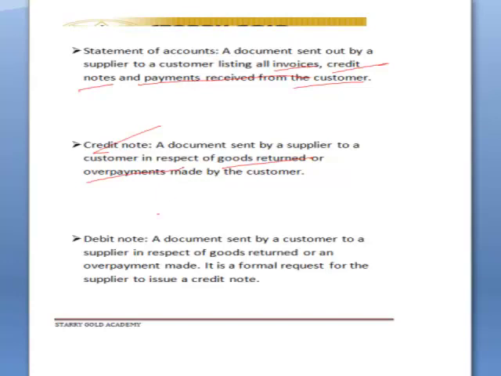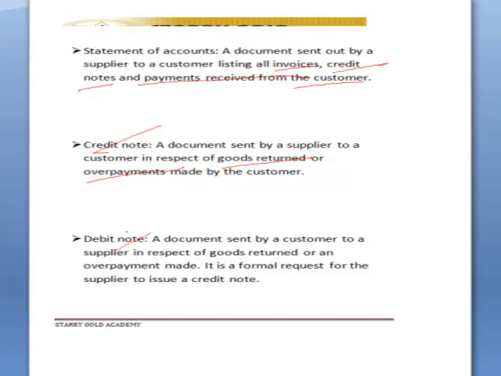Debit note is a direct opposite of credit notes. A debit note is a document sent by the customer to a supplier in respect of goods returned or an overpayment made.